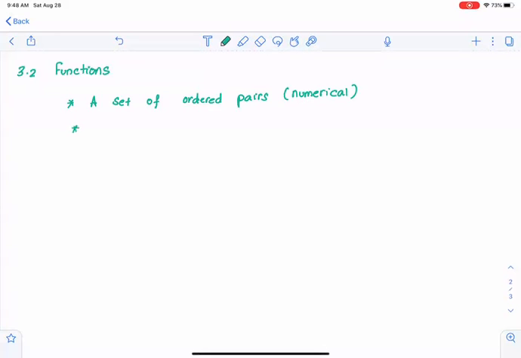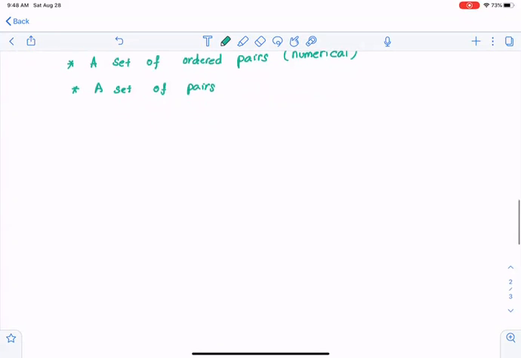If they're not numerical, we just call it a set of pairs. I'll show you the two cases. Let's take the second case where you have a set of pairs.